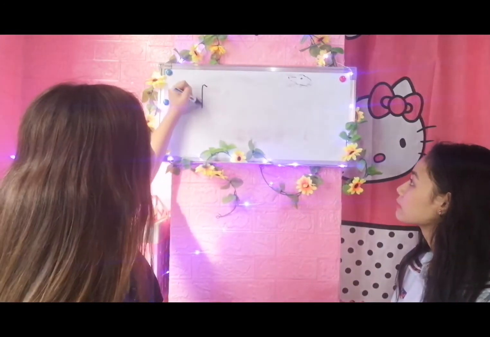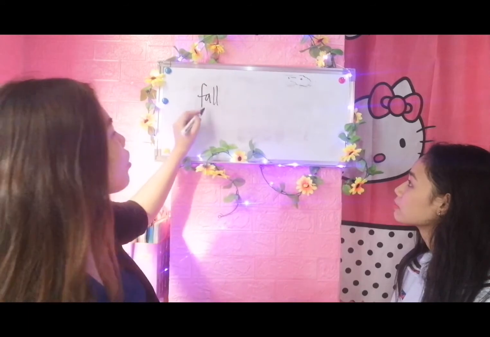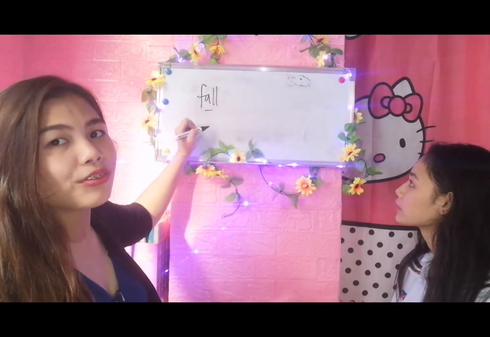So now, for the last rule, rule number 11, if A is the only vowel in a syllable and is followed by L or W, then the letter A is usually neither long nor short. For example, fall, fall.